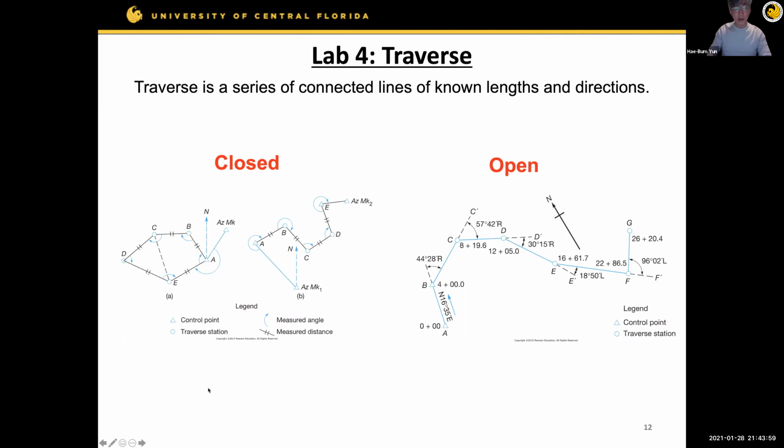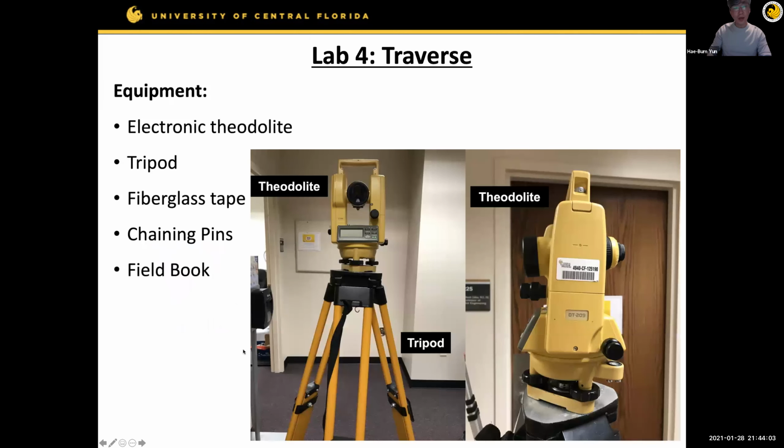To do the traverse measurement, we're going to use a theodolite. This is the equipment that you're seeing, a theodolite mounted on the tripod. In the lab you will learn how to use this land surveying equipment.